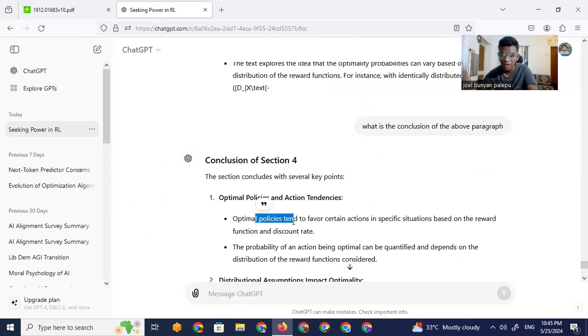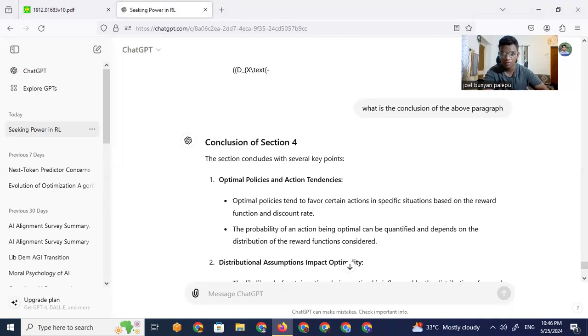Optimal policies tend to favor certain actions in specific situations based on the reward function and discount rate. The probability of an action being optimal can be quantified and depends on the distribution of the reward functions considered.